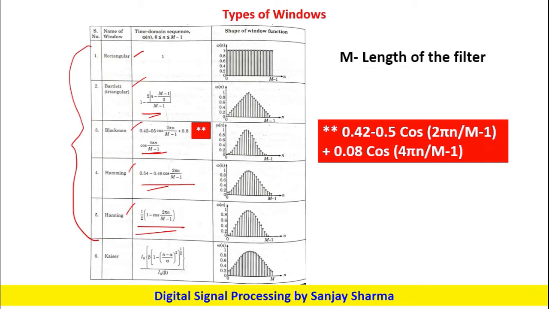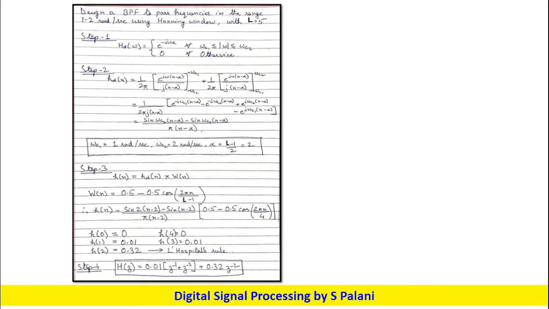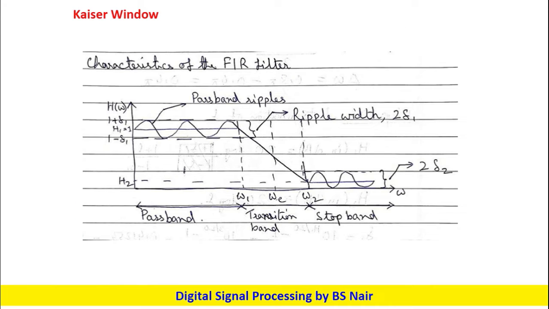So depending upon the characteristics of the filter, the window function or the equation should change. In this regard, we have the Kaiser window function, for which the parameters have to be decided. These window parameters are decided based on the characteristics of the filter we want to design.